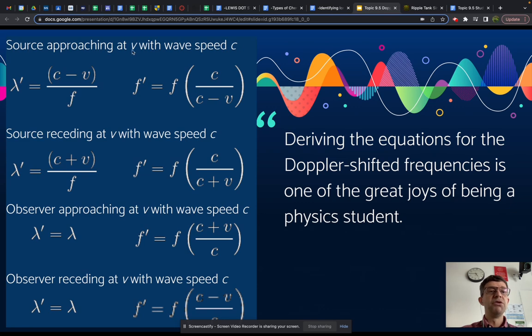The source is moving with a speed v, and there's a speed of sound of c. Notice that the equations for the source approaching and the source receding are very similar. The only difference is that we have a minus sign when we're approaching, and we have a plus sign when we're receding.